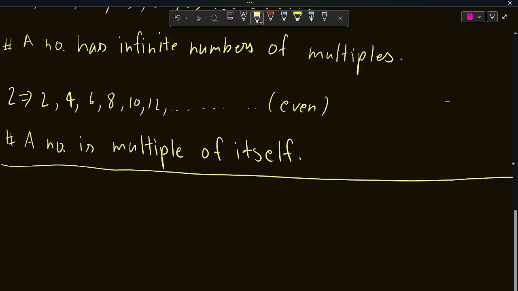This point has been discussed earlier also, but I will discuss it again: a number has infinite numbers of multiples.